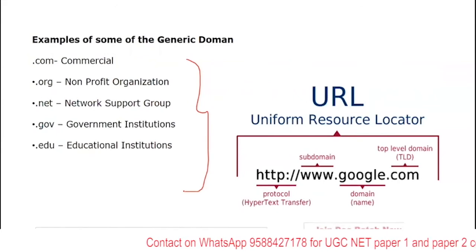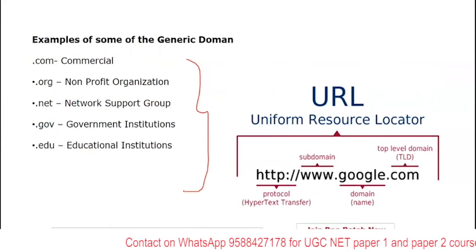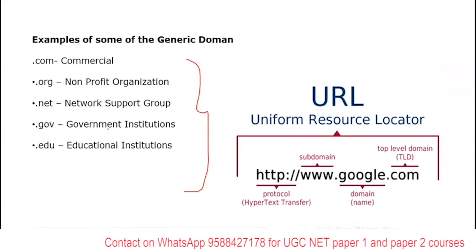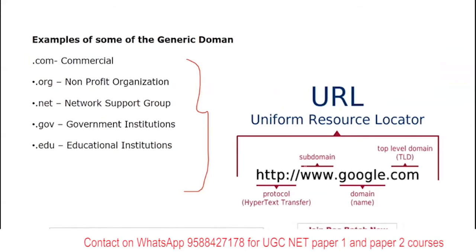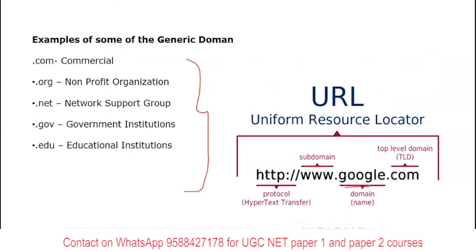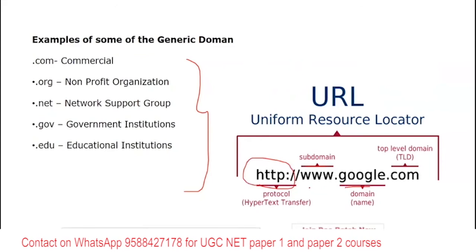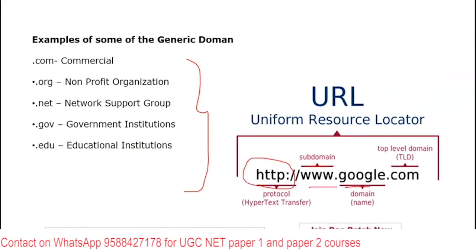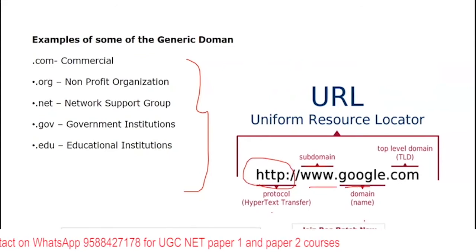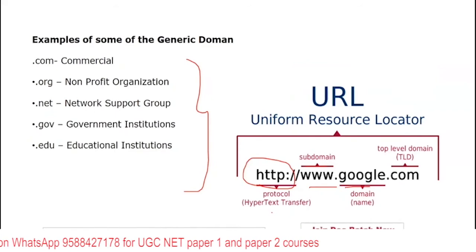So when we look at the uniform resource locator, we have the hypertext transfer protocol, the subdomain, the main domain, and the top level domain. So this is divided into four basic divisions: the protocol, the subdomain, the main domain, and the top domain.